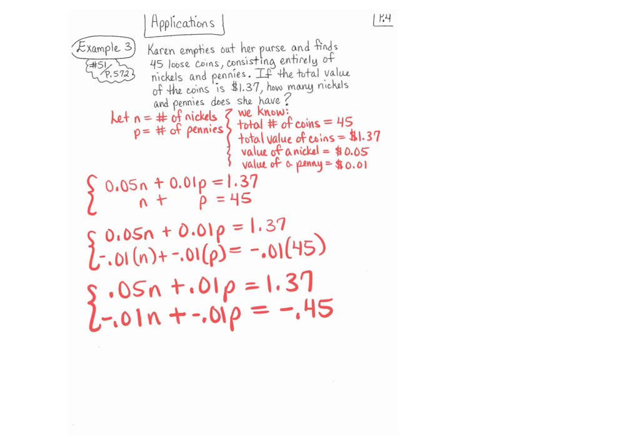And now what are we going to do? Add. We're going to put that bar there and add vertically. 0.05 N minus 0.01 N is 0.04 N. The P's cancel out, so plus 0 equals 1.37 minus 0.45, which is 0.92. So we now have 0.04 N equals 0.92.